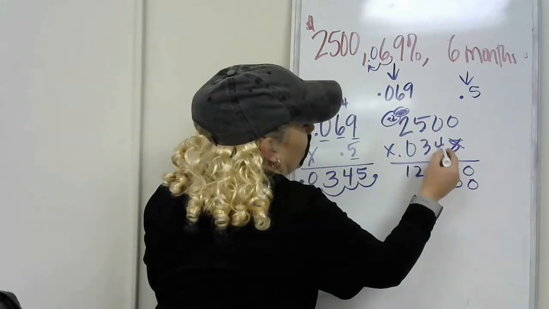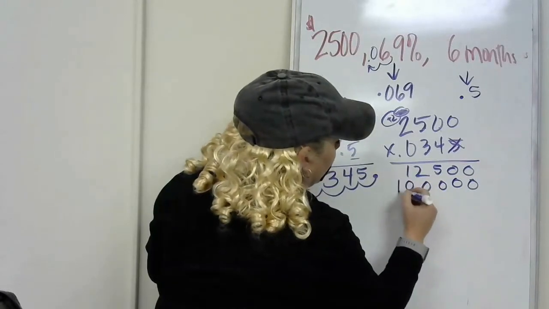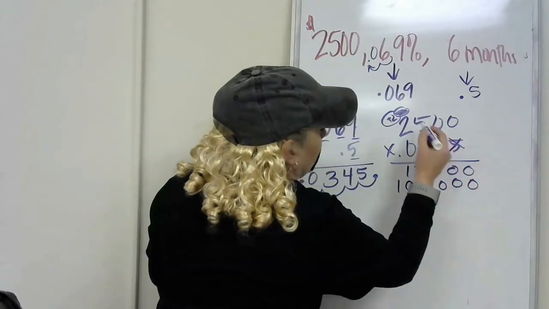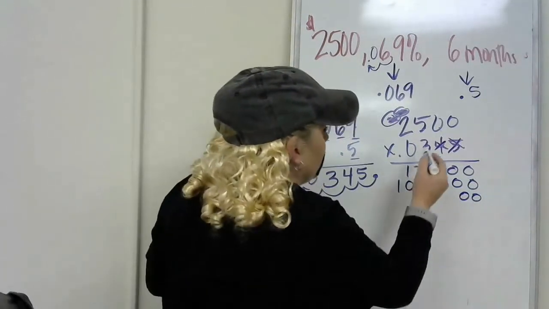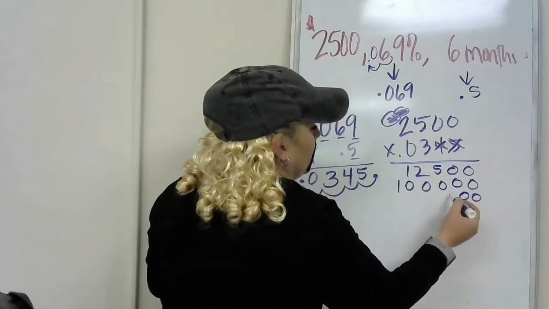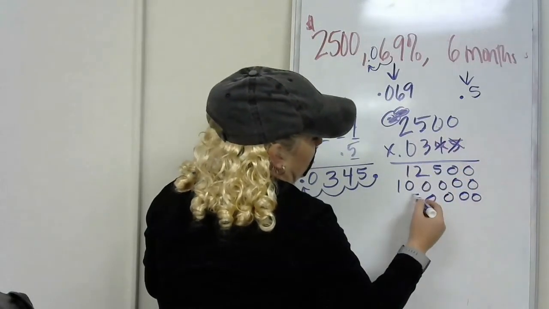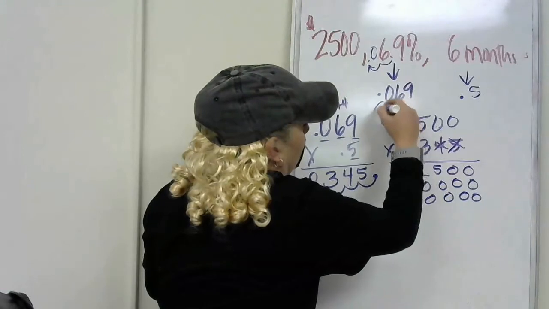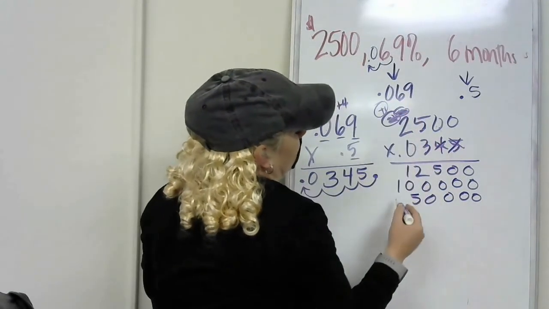And 2 times 4 is 8. And 8 plus 2 is 10. So we got that. All right, now I'm going to scratch, lay another 2 eggs. Okay, so 0 times 3 is 0. 3 times 0 is 0. 3 times 5 is 15. That 5 can stay, but we're going to have to take that 1 over there. And 2 times 3 is 6. And 6 plus 1 is 7.